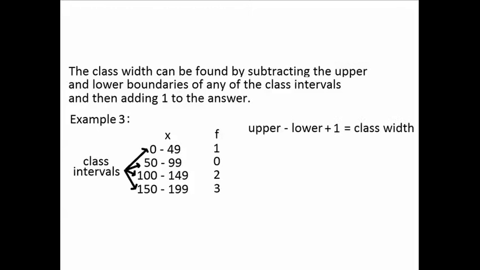And just like before, we can use the formula. I just took the first class interval, I subtracted the upper number of 49 by the lower number of 0. 49 minus 0 is 49, and then 49 plus 1 is 50. The class width is 50.